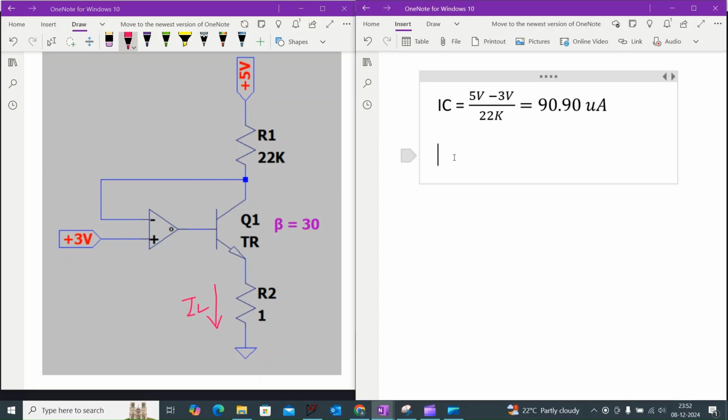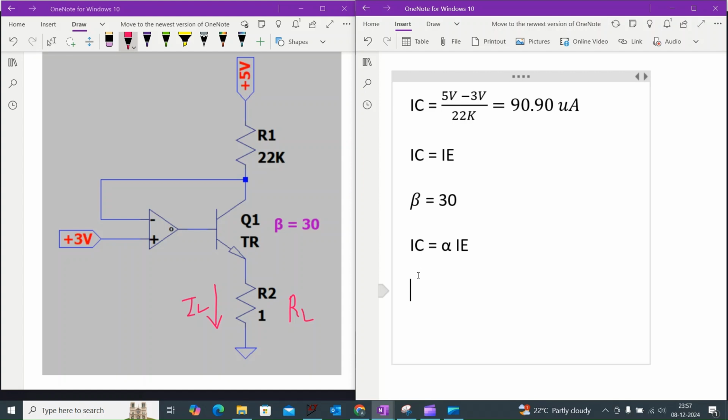Usually we can say the collector current IC is approximately equal to IE, and this is valid when the beta is very high. But here the value of beta is equal to 30. So we will find the exact value of the emitter current. We know that the collector current IC is equal to alpha times IE, and also we know that alpha is equal to beta divided by 1 plus beta.